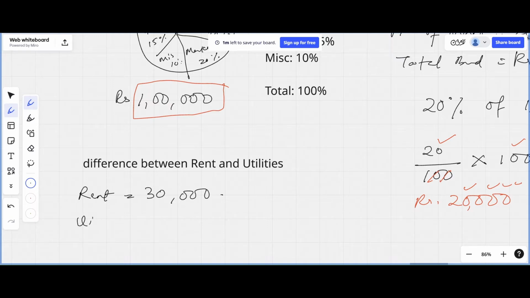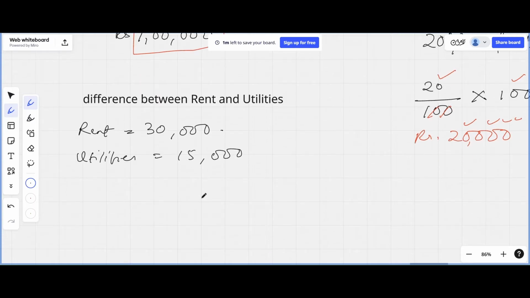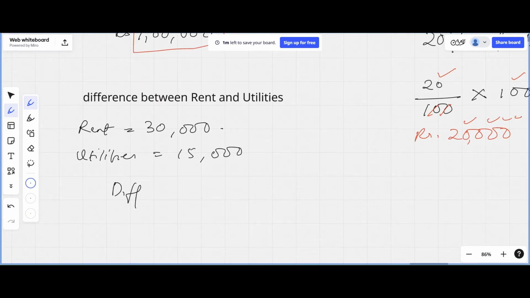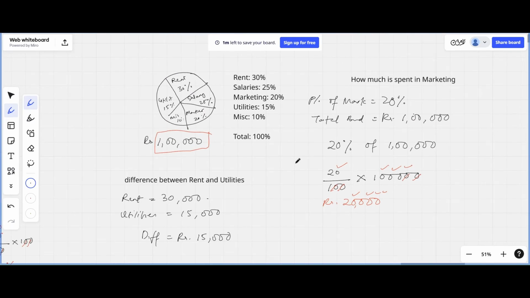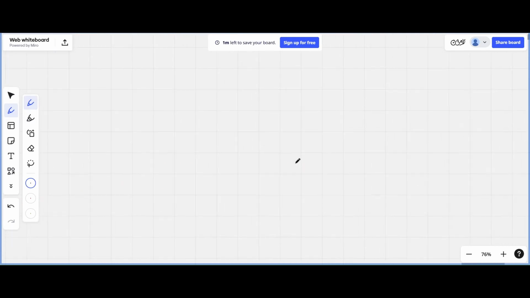And utilities, how much? 15,000. So if you subtract, the difference is equal to how much? 15,000. So that's it. It's so easy. Next, let's move on.